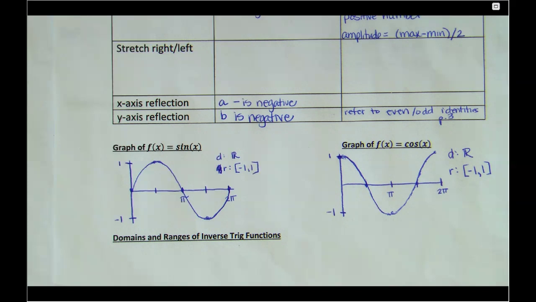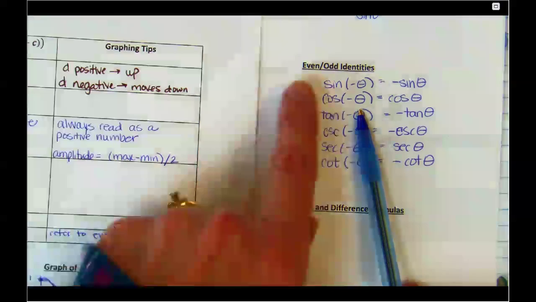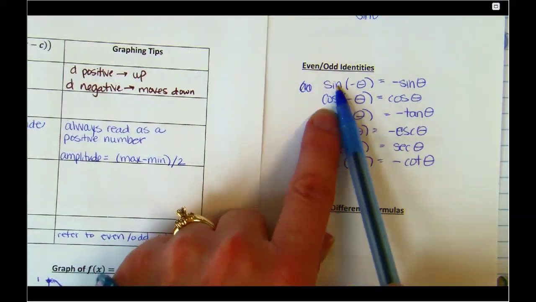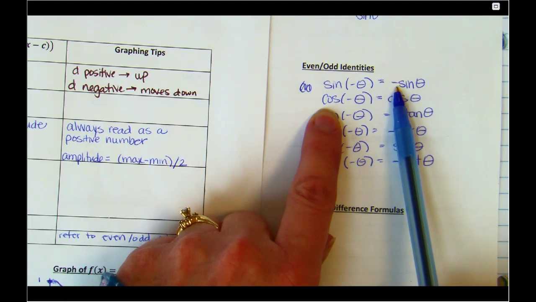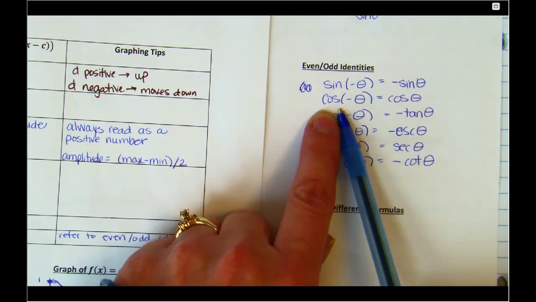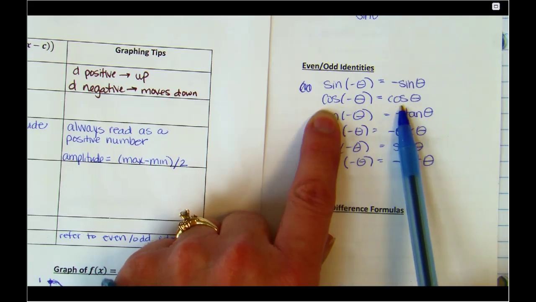If you look at the even and odd identities here, it tells you that for the sine of a negative number, move the negative to the outside. There's your x-axis reflection. If you have a cosine of a negative number, you can ignore it.